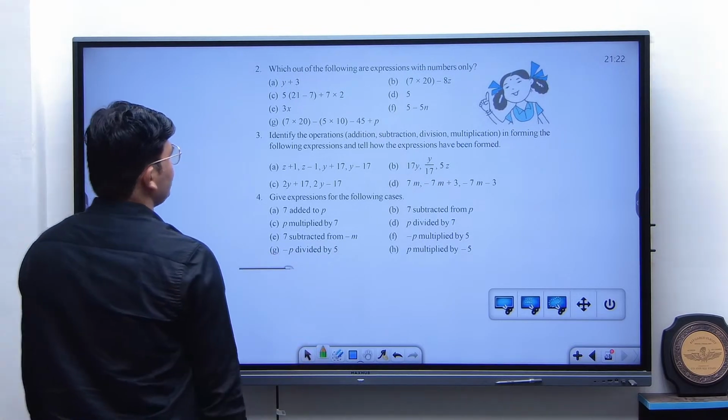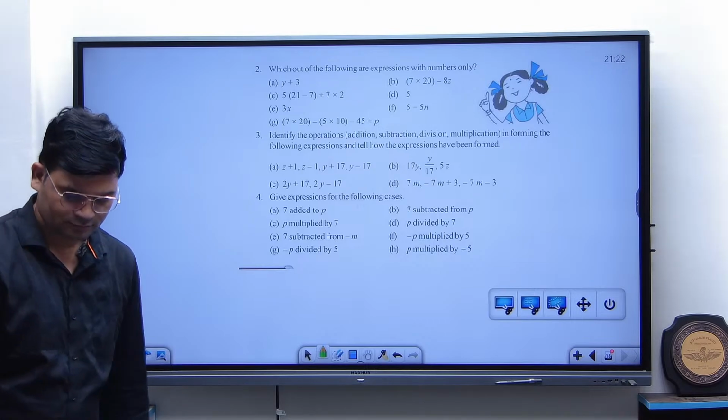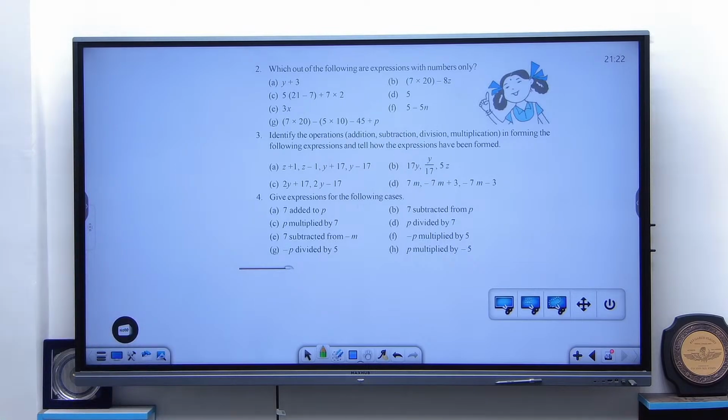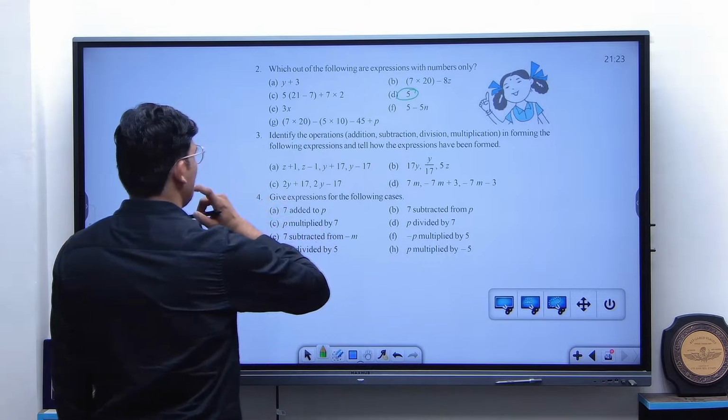Which of the following are expressions with numbers only? Just tell me. You have to say A, B, C, D, something like that. Sir, C. C is regarding only numbers. Okay, very good. What about D? D is also an expression with only numbers. Only 5 is here. Okay.